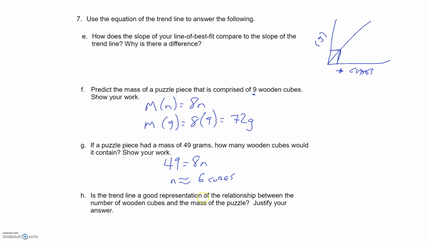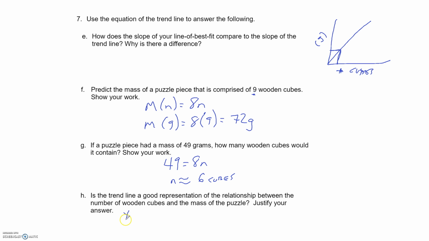And is the trend line a good representation of the relationship between the number of wooden cubes and the mass of the puzzle? In other words, when we make a trend line on Excel, is that a good estimate as to how much or how heavy a puzzle is going to be if we tell it how many cubes there are?